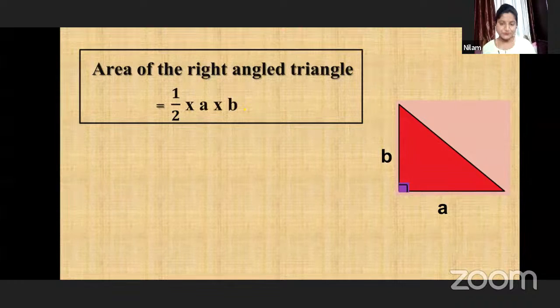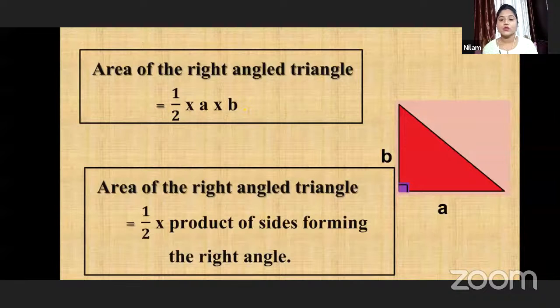So from this formula, what can we make out? That the area of a right angled triangle is half the product of the sides forming the right angle.